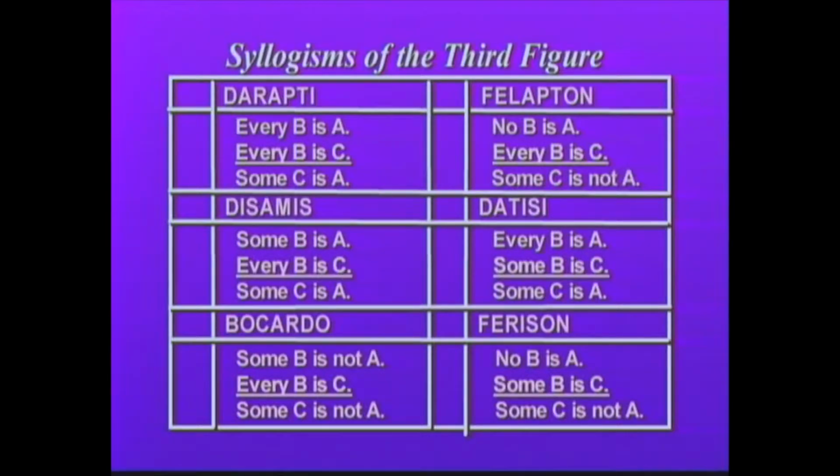The reason is that we show that second and third figure syllogisms are good by reducing them to particular first figure syllogisms. We're going to talk about how that process works in a second.